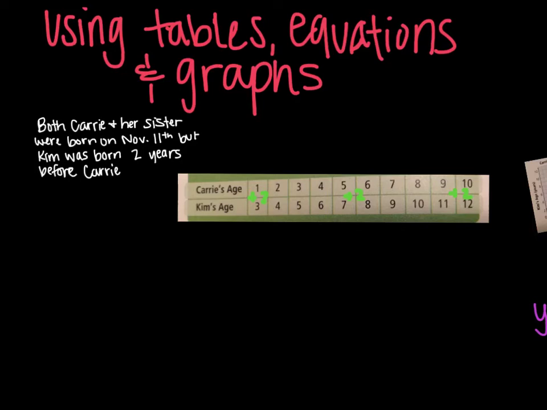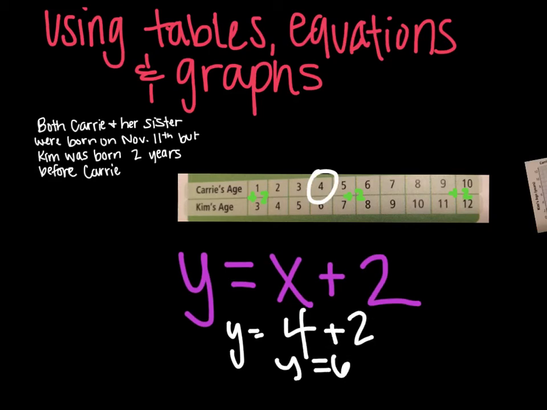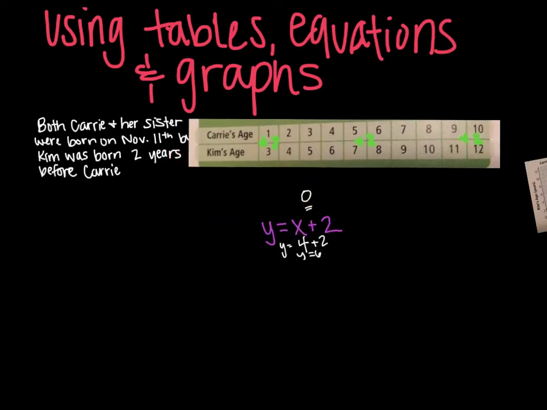Because it's that same pattern every single time, we can write y equals x plus 2. And in this case, x would be Carrie's age and y would be Kim's, because when we solve this, for example, if Carrie is 4, y equals 4 plus 2, so y equals 6. That's telling you that Kim is 6 years old. So that would be the equation part of it.